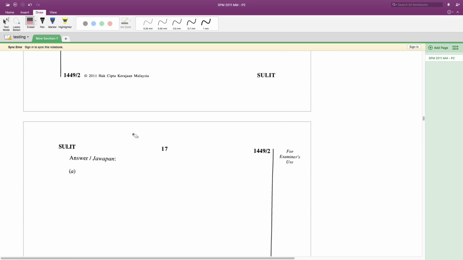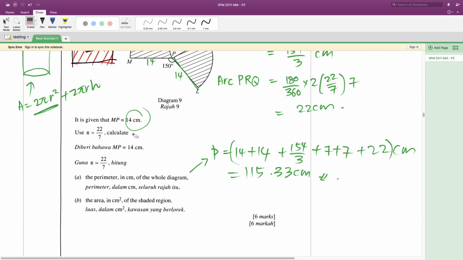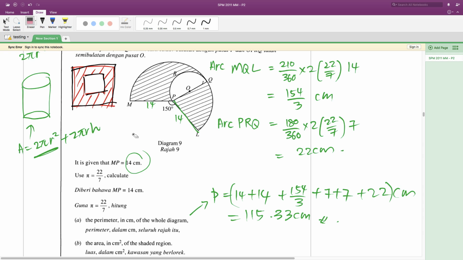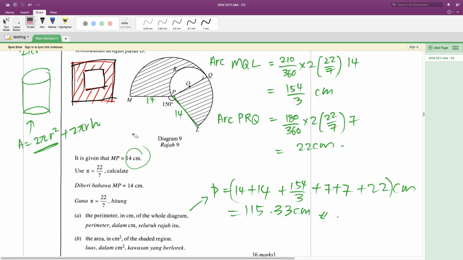To number 8. The second part, part B, asks you to find the area of the shaded region. So what I will do is find a big sector, the whole sector, minus the semicircle inside. Then I can get the shaded area. So basically I find a big sector and a small sector.